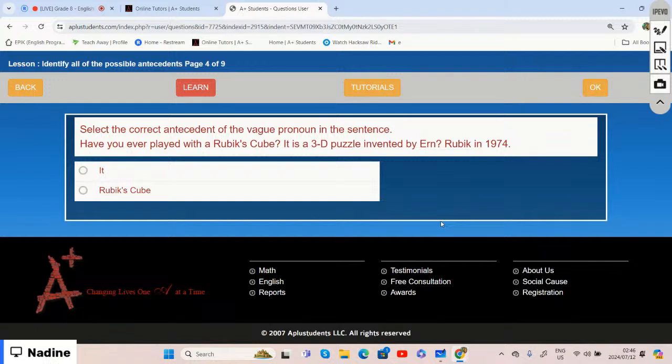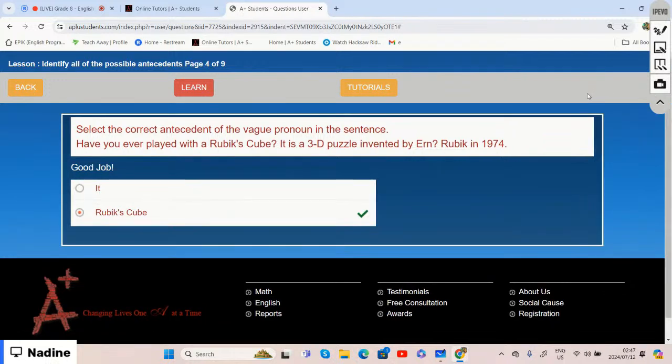And if we choose the correct one, we will choose Rubik's Cube because that is who or what we are talking about.